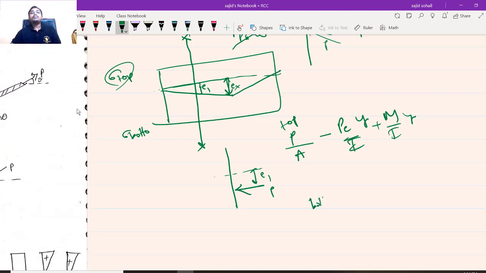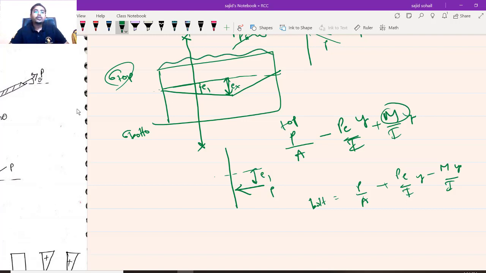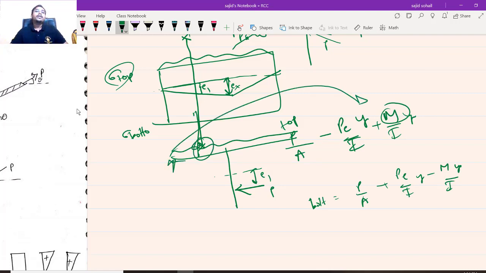At bottom, it was P by A plus P E Y by I minus M Y by I. So this is your answer. And what is the moment? You have to find out at this section X what is the moment. Just substitute here and you will get the stress at the top and stress at the bottom.